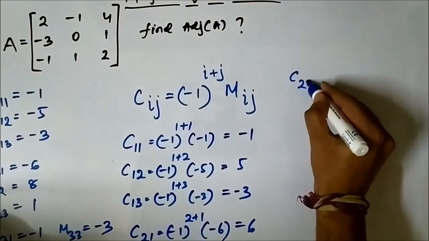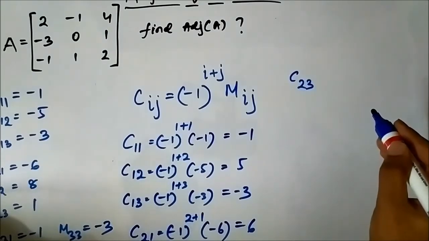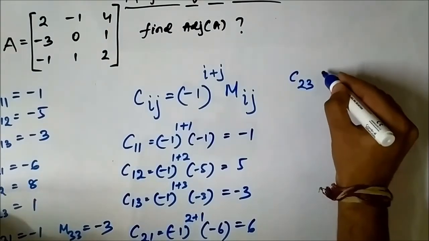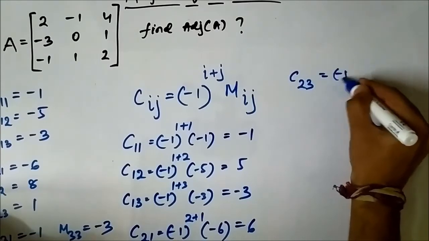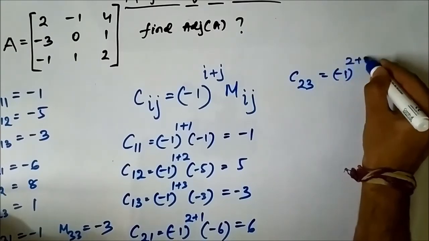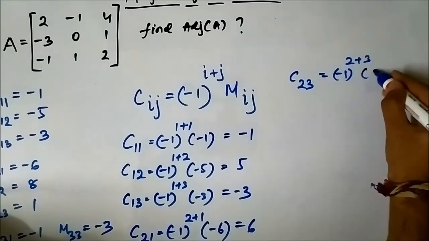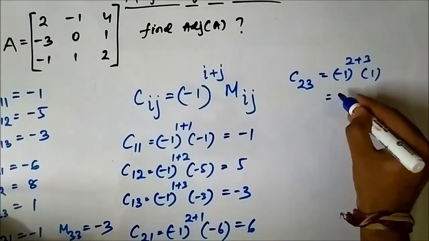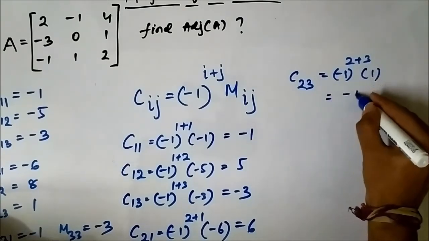C23 is equal to minus 1 to the power 2 plus 3 into M23, which is 1, which is equal to minus 1.